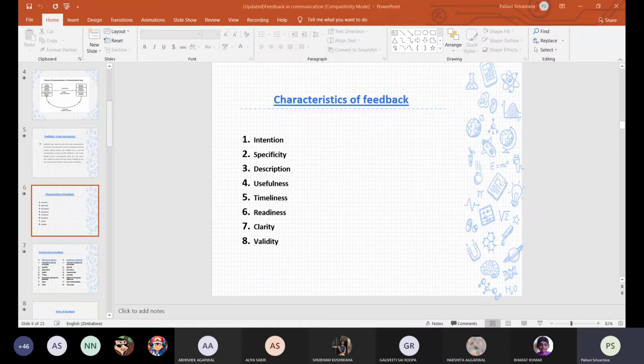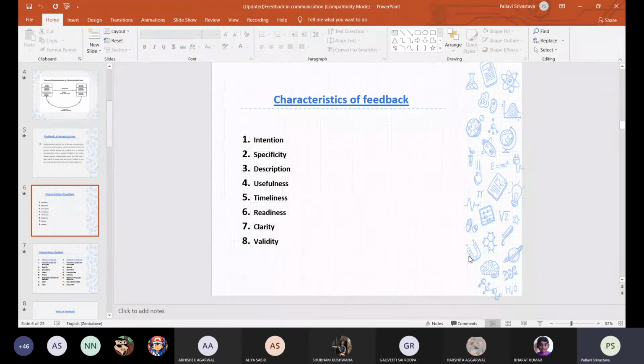Next is readiness. So what do we mean by readiness? Readiness means the person who is going to get the feedback should be open to this feedback. If they are not ready, they will not take the feedback.